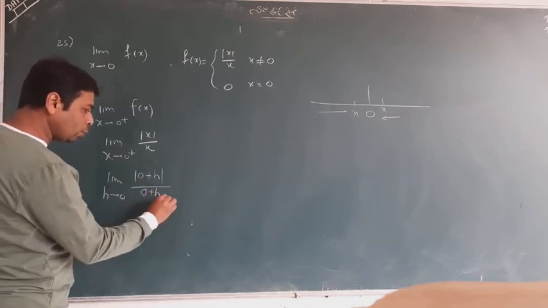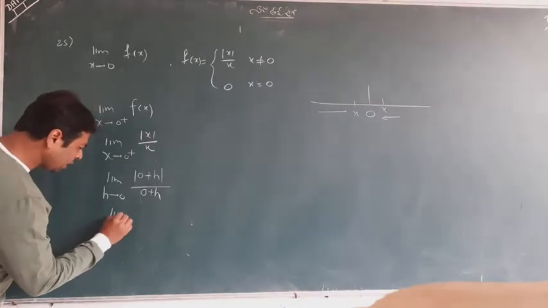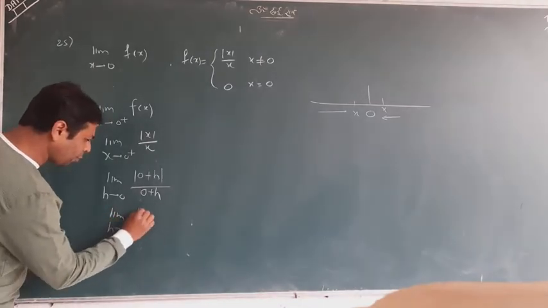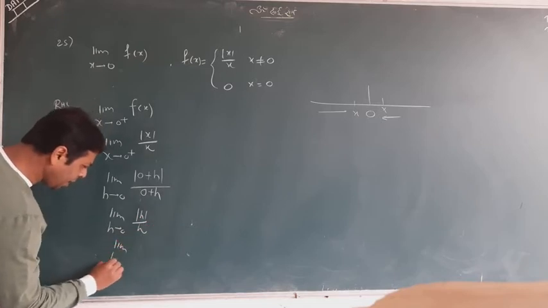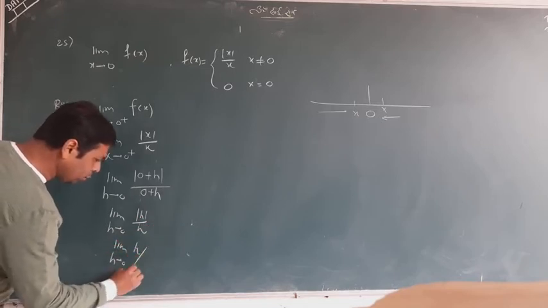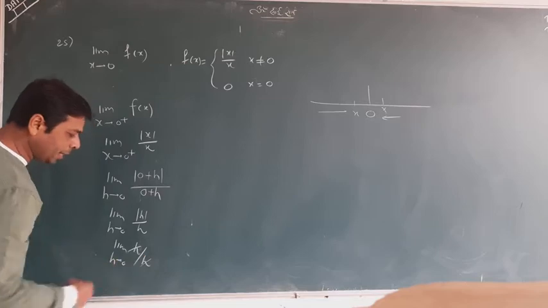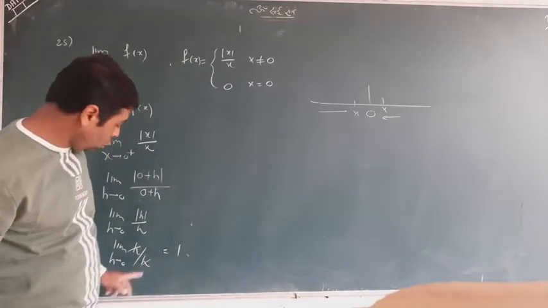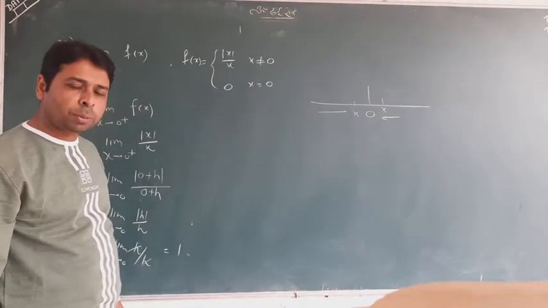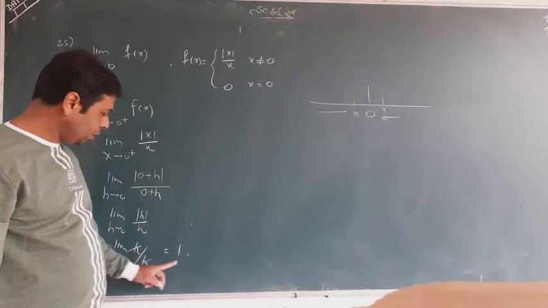So all x will be changed by 0 plus h. Now I tell you one thing, that upside is mod h upon h. Mod h is written h only, and h upon h will be cancelled and we'll have one as the answer. No meaning of limit there because you already cancelled h. There is no term of h there. H and h cancelled. Your answer is 1.